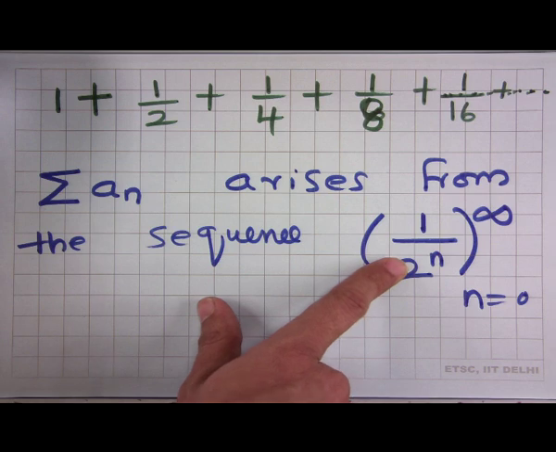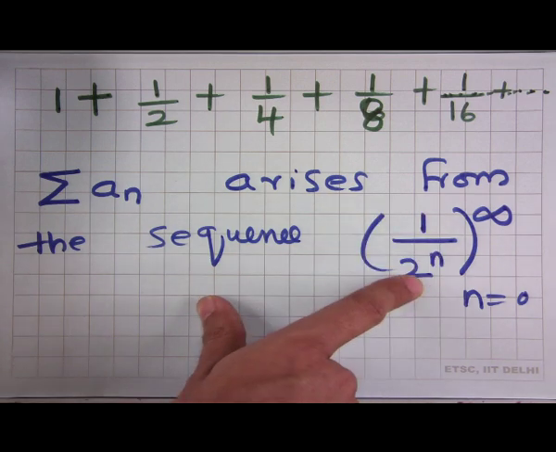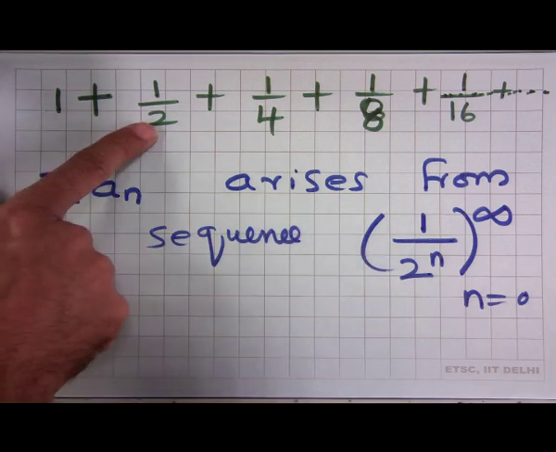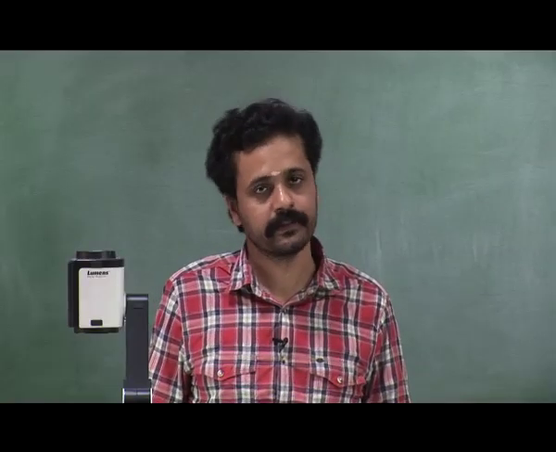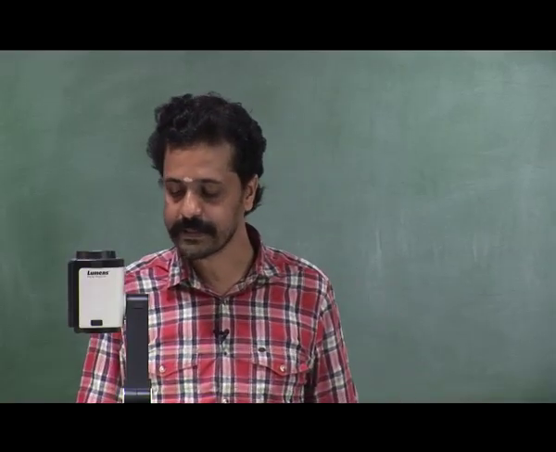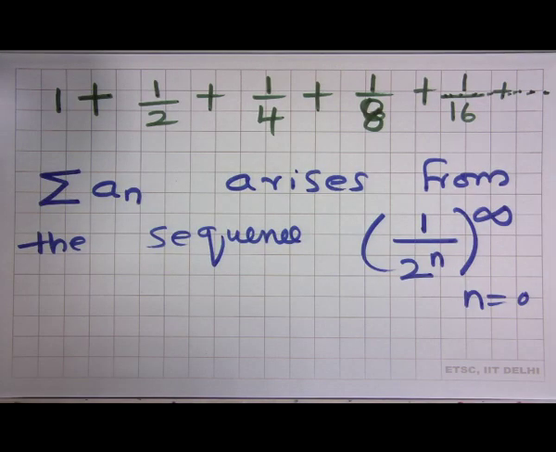Second term of the sequence is 1 by 2 power 1, that is the second summand in this infinite sum and so on. Now, the question that we want to answer is whether this infinite sum represents a finite value or not. In other words, whether this series is summable or not. More technical word is whether this series is convergent or not.